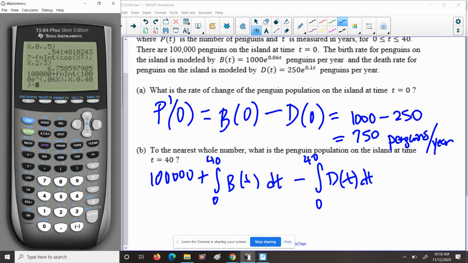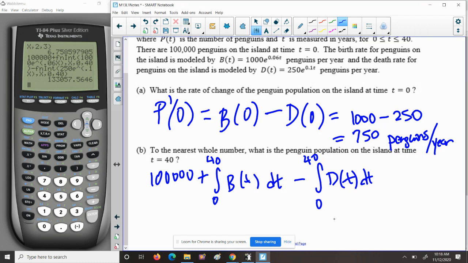And then we want to subtract the integral of d of t, which was 250 times e to the 0.1 t, which I'm using x, comma 0, comma 40. We could put that all together in one integral if we wanted to.